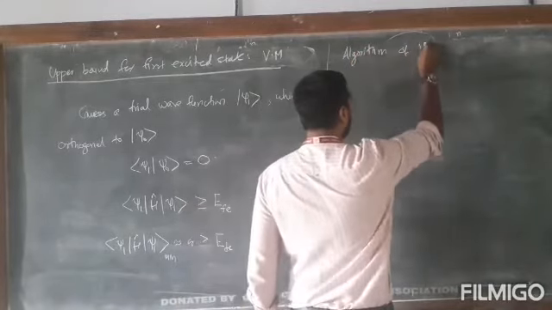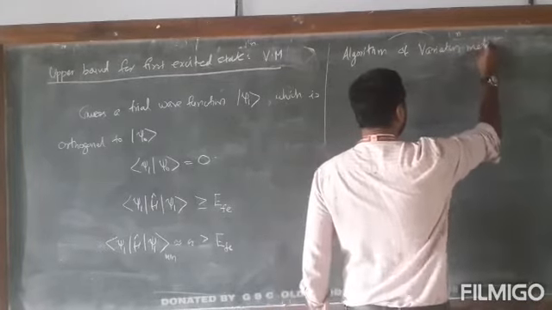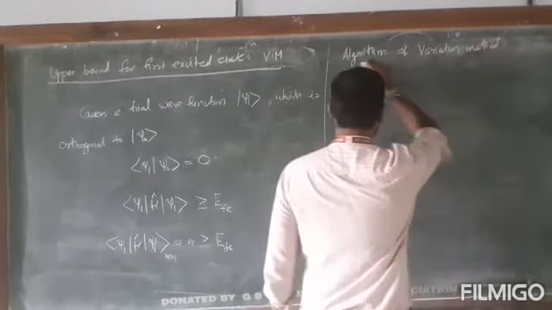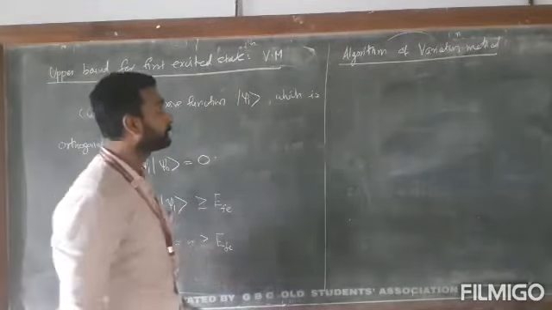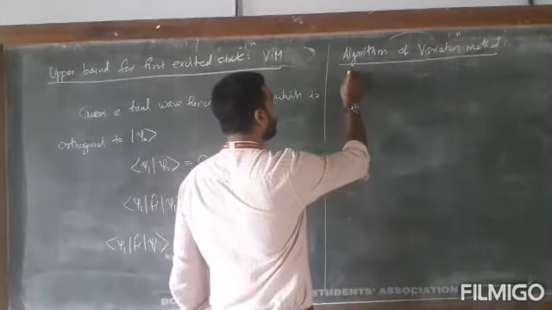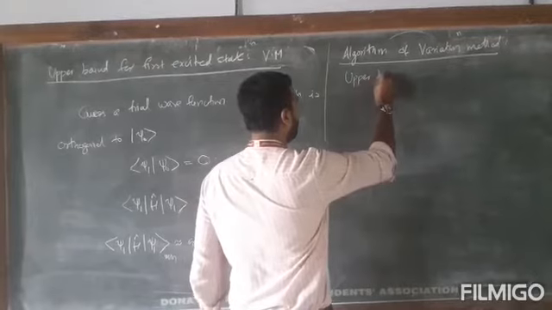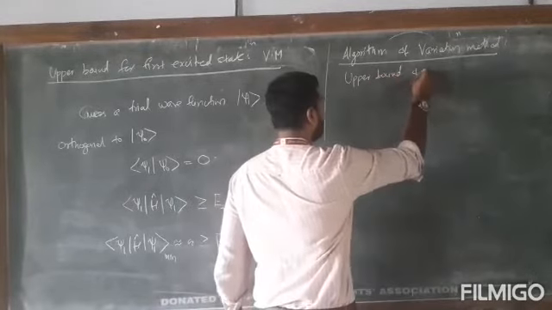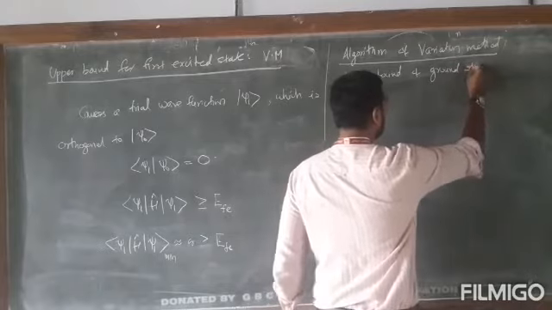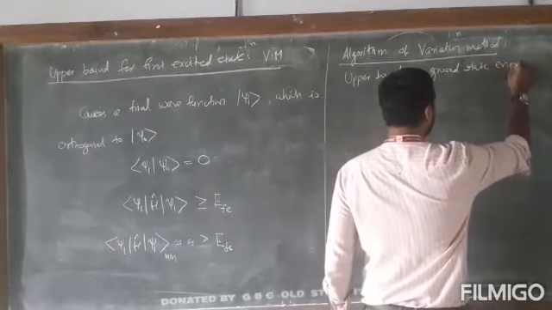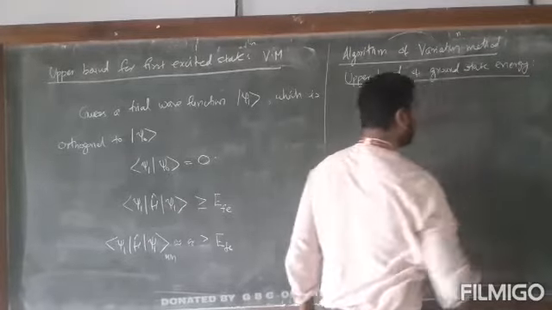Now we can summarize this entire step as the algorithm of the variation method. We can summarize what we have discussed till now. First we discuss the algorithm to find the upper bound of the ground state energy.